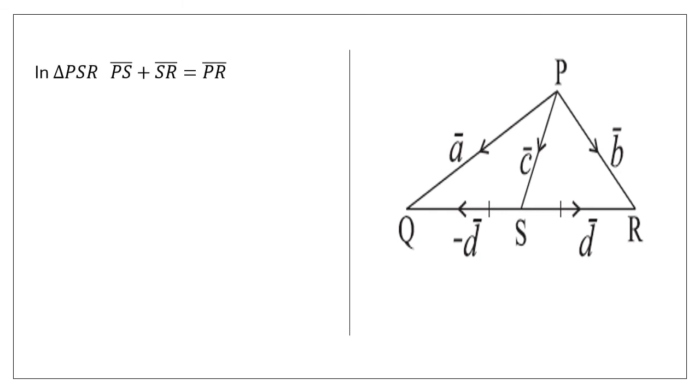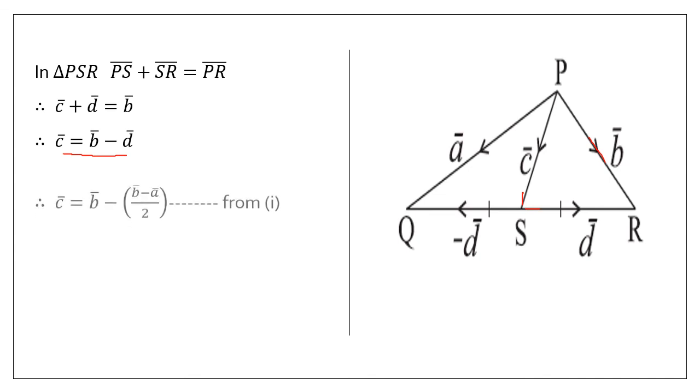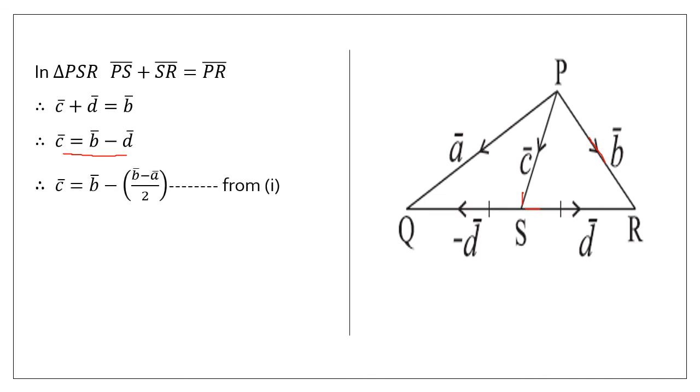See figure students. In triangle PSR, we have PS plus SR equals PR. Now PS is our C bar, SR is our D bar and PR equals B bar. So from this we have C bar equals B bar minus D bar. Now we know D bar equals B bar minus A bar upon 2. Substitute it here.